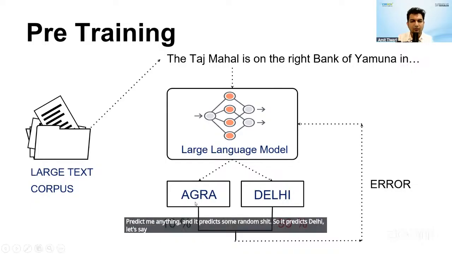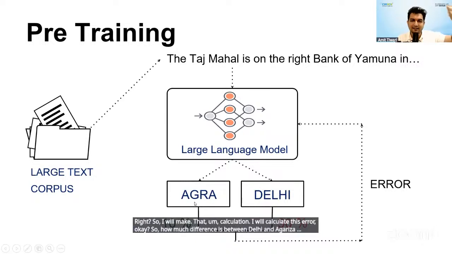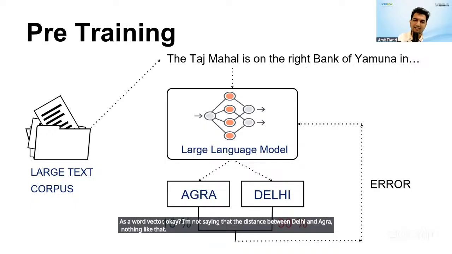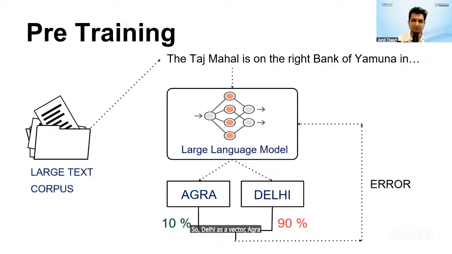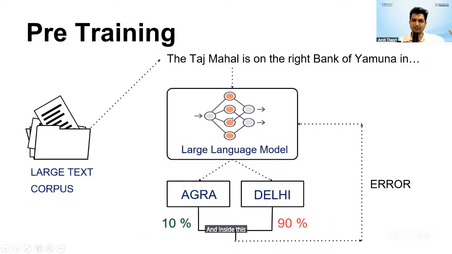So I know that my answer is Agra, right? So I will calculate this error. How much difference is there between Delhi and Agra as a word vector? I'm not saying the distance between Delhi and Agra, nothing like that. Delhi as a vector, Agra as a vector, and how much difference is between these two vectors. And this error goes into this large language model, and inside this, some calculations happen.